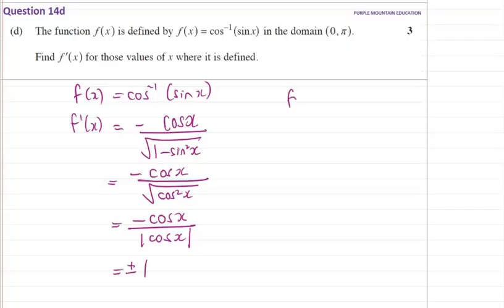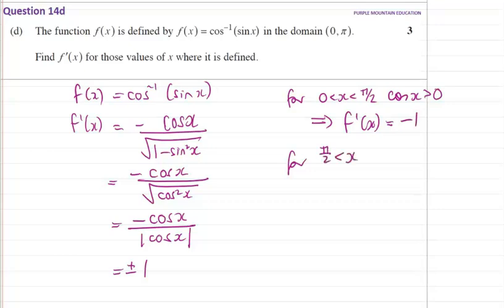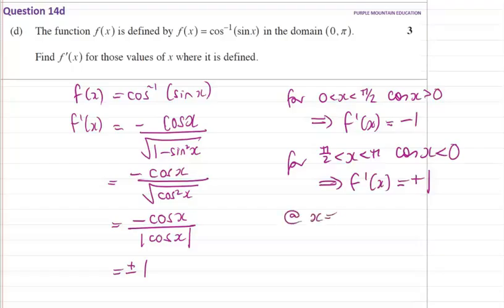So for x between 0 and pi on 2, we know that cos of x is positive. Therefore, here, f dash of x is going to be minus 1. And for x between pi on 2 and pi, we know that cos of x is negative. Therefore, here, f dash of x is going to be plus 1. And at exactly x equals pi on 2, we know that cos of x equals 0.